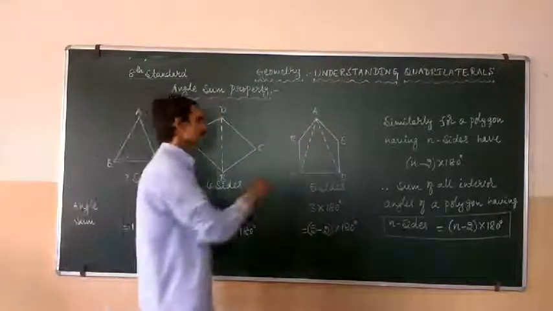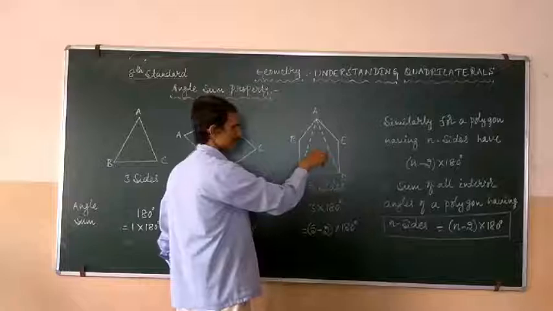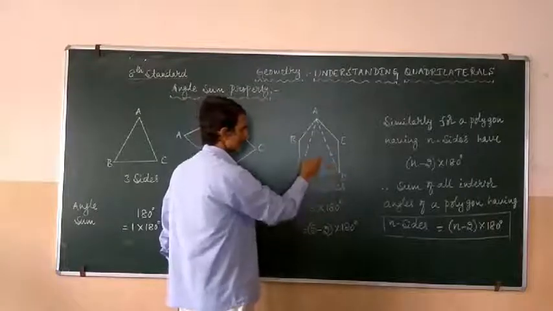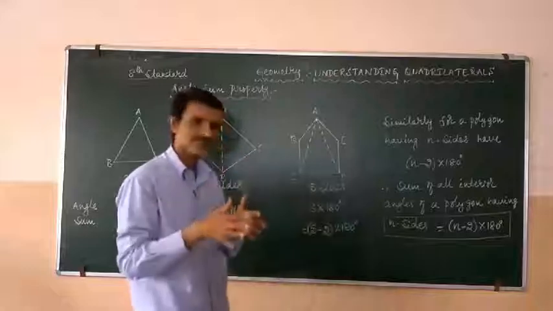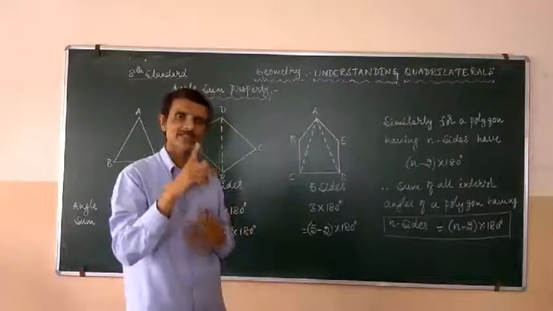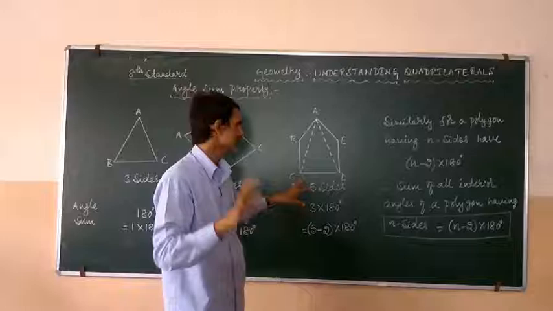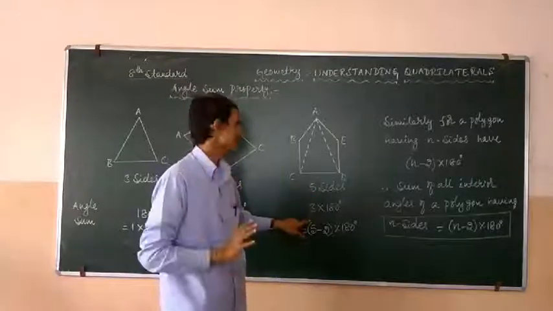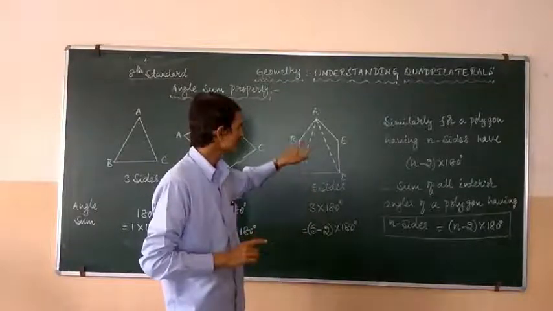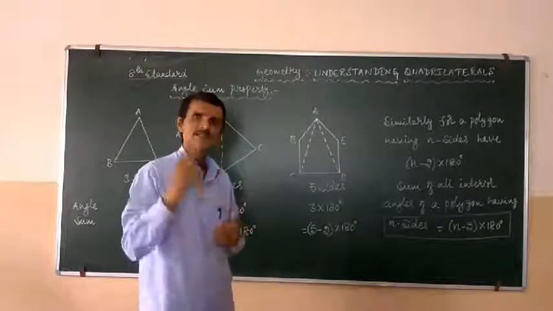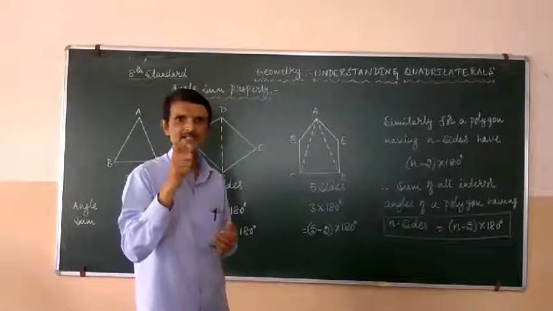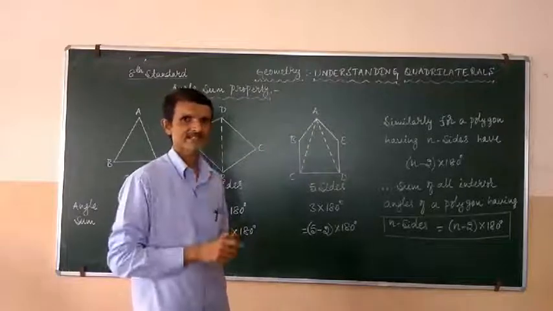Therefore, the sum of the interior angles of the pentagon is 3 into 180, because three triangles are formed, and the sum of the interior angles of each triangle is 180 degrees.